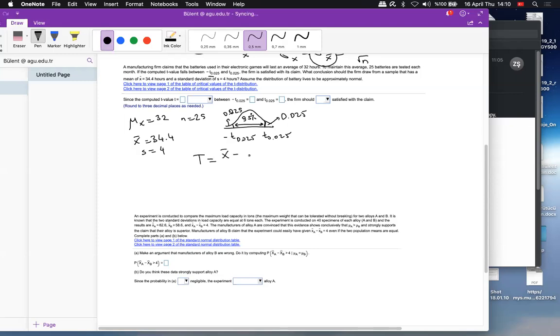X bar minus mu x divided by the sample standard deviation divided by root of the number of samples. 34.4 minus 32 divided by 4 divided by root n, which is 25. What is left? 2.4 divided by 4/5, which is 3.0. So T is 3.0, right?